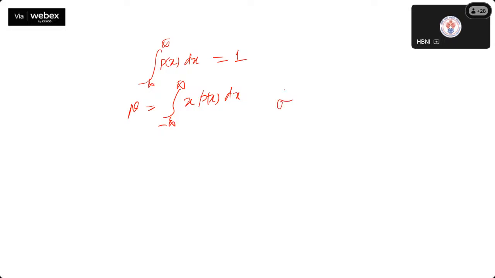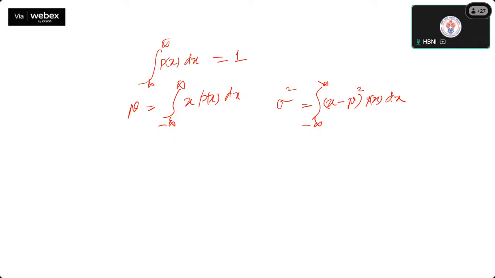But if you do it in the continuous limit, the total probability will be 1, and the mean or average, and sigma squared, the variance, are defined as integrals.